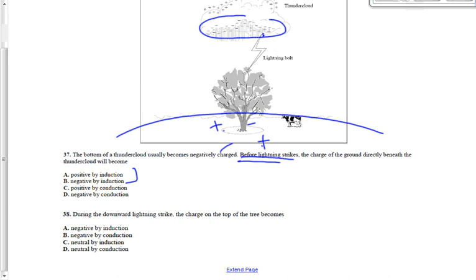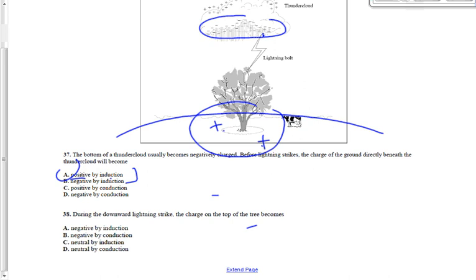They're going to get pushed further down, right? We create a temporary separation of charge in the Earth. So the part of the ground that's directly beneath the cloud becomes what? Positive by induction. The answer is A. And that's what 70% of you said. Good.